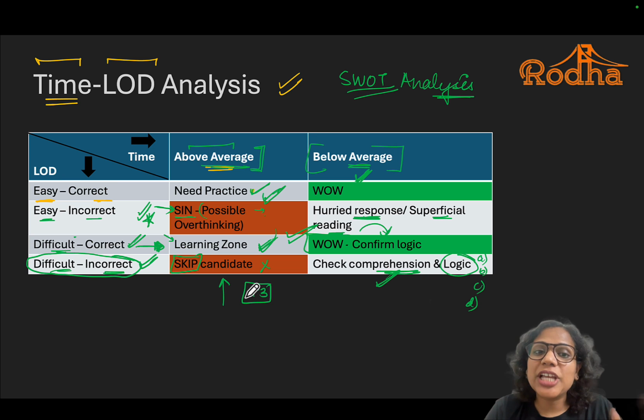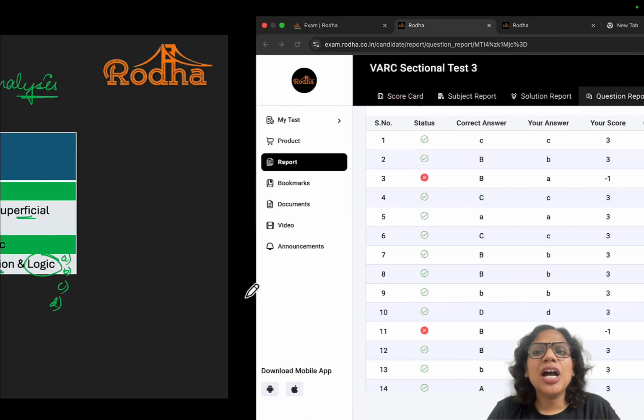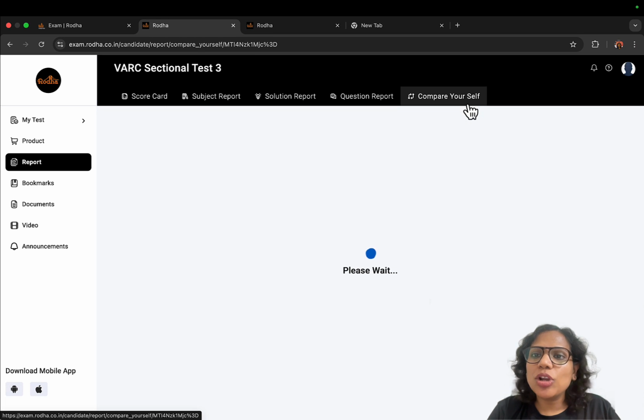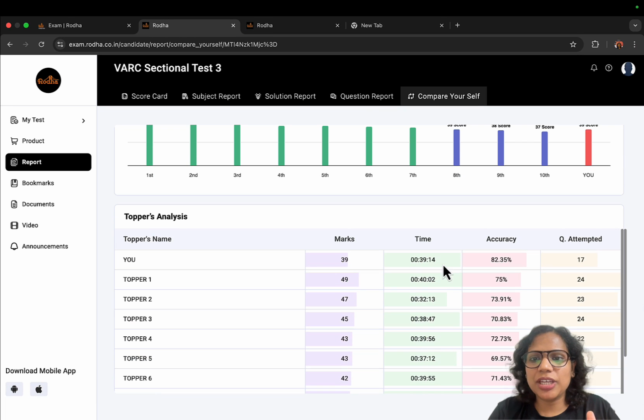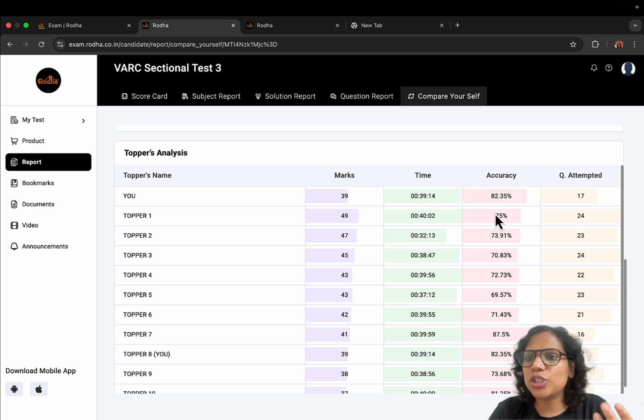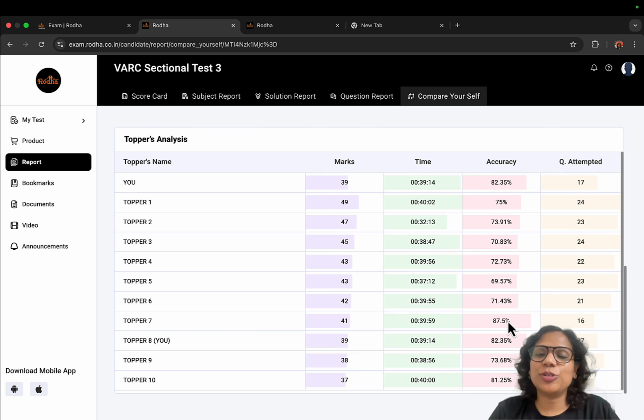So it will help you in a time and difficulty analysis as well. Apart from this, you can always compare your performance, the time that you took, your accuracy versus the topper's accuracy. All of this is also available to you, so you can have a comparative analysis, not just an individual analysis.